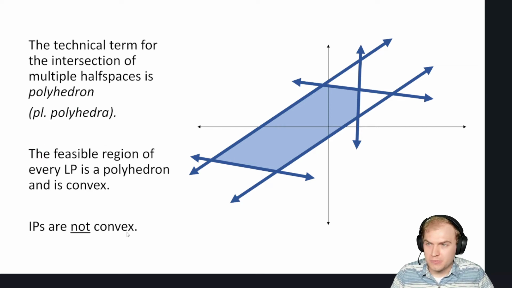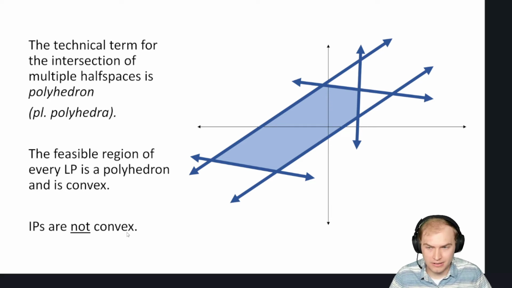The technical term for the intersection of multiple half spaces is a polyhedron. The plural is, of course, polyhedra. So the feasible region of every LP is a polyhedron.